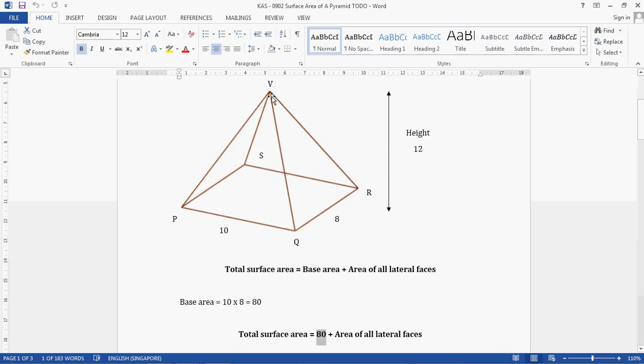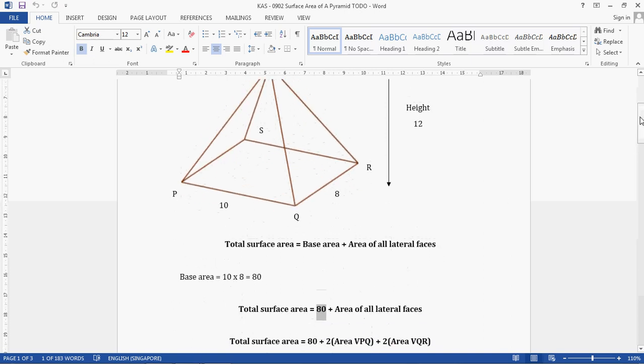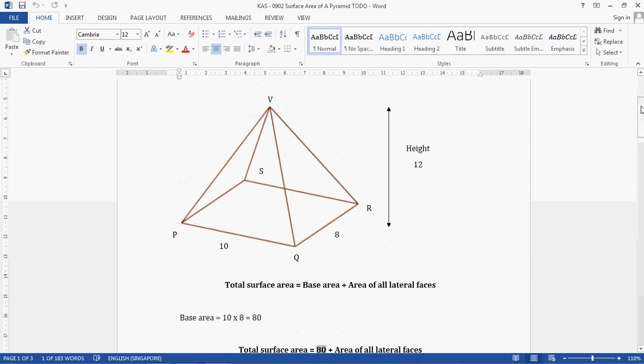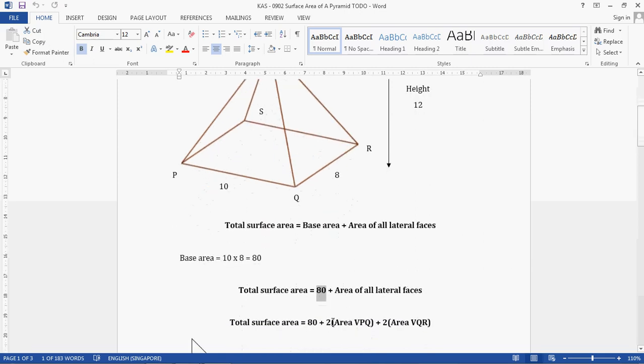So there's 2 of them, as well as the other one, which is V, Q, and R, which is this side, and its opposite side. So that's why we have this multiply 2 over here.